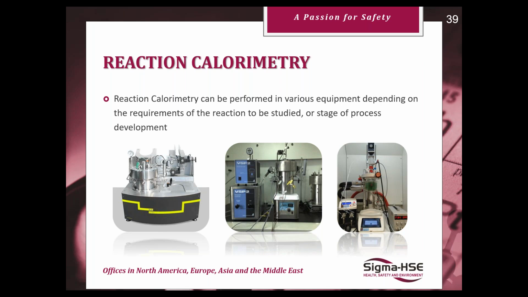And as I've said a little bit, all of this data needs to tie in with the desired process. So that's where reaction calorimetry comes in. And this reaction calorimetry testing can be performed in a range of equipment depending on what's most appropriate to the process being tested. So we've got lined up there the Phitec, VSP2, those will be used if vent sizing is required. And then we have a reaction calorimeter for atmospheric systems.